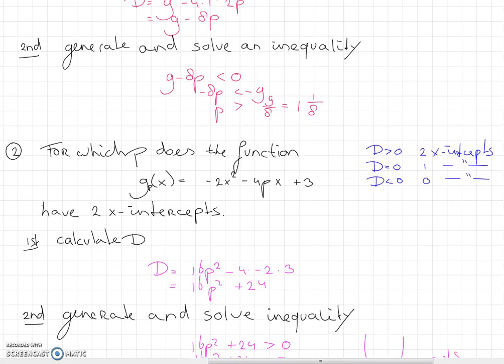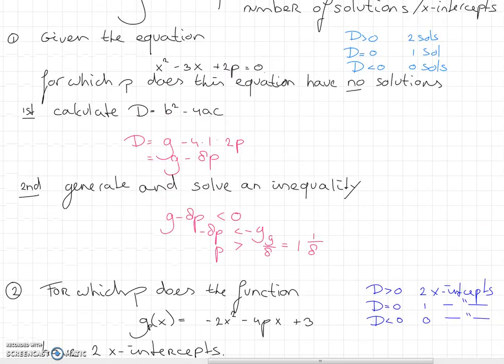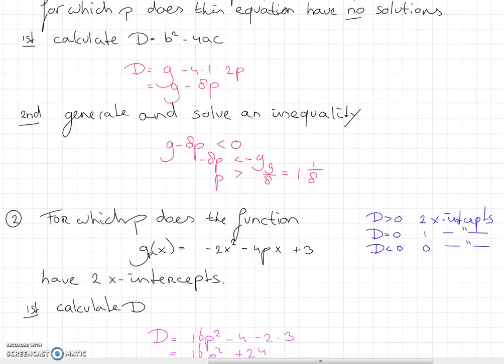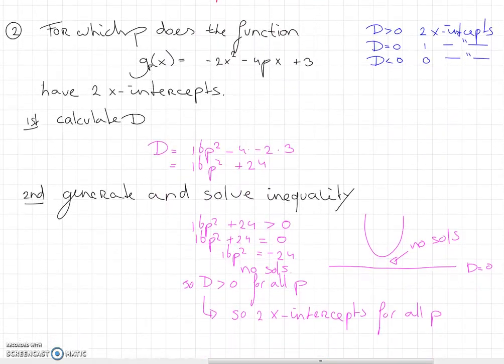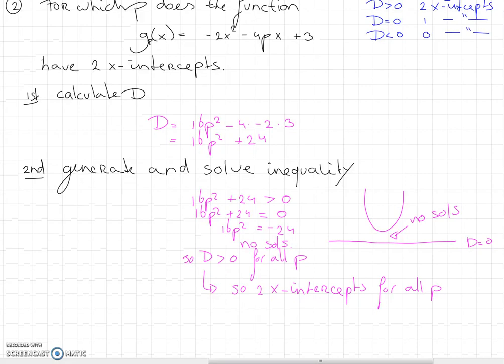Therefore you have to know that if there are two solutions, d is larger than 0, one solution, d is equal to 0, no solutions, d is smaller than 0, and the same for the number of x-intercepts. So you calculate d, you determine whether it should be smaller, larger, or equal to 0, and you solve the inequality or equation you get.